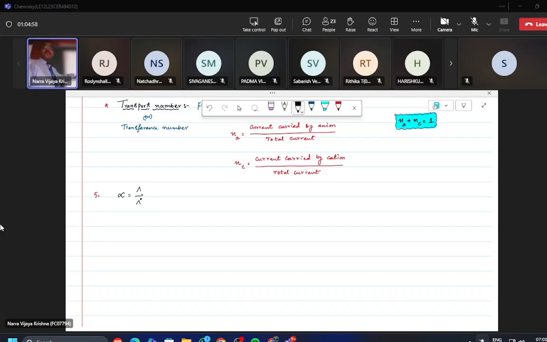What is the conductance now? If I divide both, what is the fraction of ions generated? Lambda naught is when 100% ionization happened, and lambda is at a certain percentage. The percentage ionization is like obtained marks by maximum marks. Obtained conductance by maximum conductance gives the fraction of ions. Or we can also write molar conductance lambda m is equal to alpha into lambda m naught.